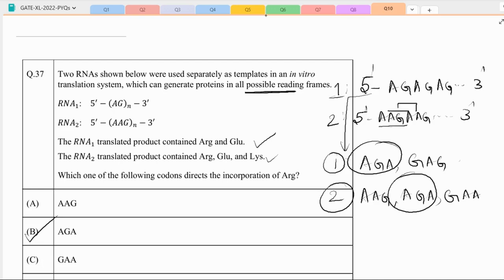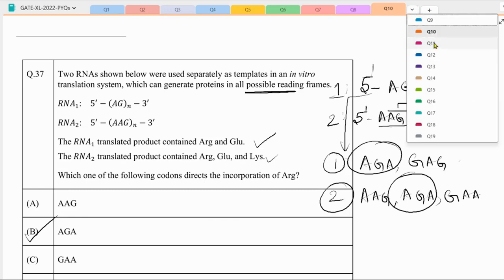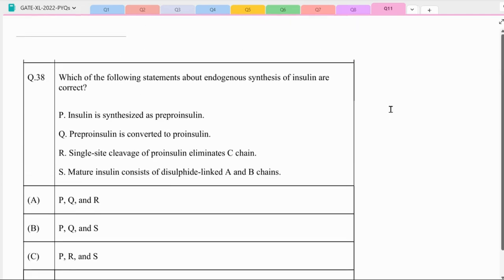I hope it is pretty clear. It's just basic logic of how codons are read, and the common sense we apply in figuring out the common codon between the two RNA frames. Anyways, reading frames. Moving on to the next question.